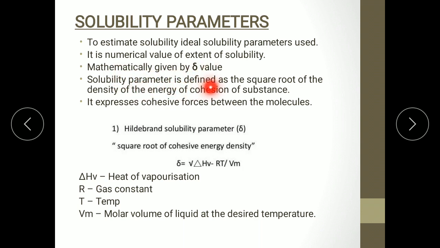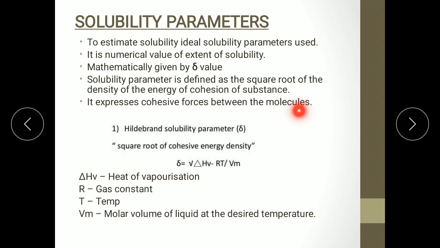Solubility parameter is defined as the square root of the density of energy of cohesion of a substance. It expresses cohesive forces between the molecules, either solute molecules or solvent molecules. What are cohesive forces? Cohesive forces means attractive forces between like molecules. So solubility parameters express the cohesive forces between the molecules.